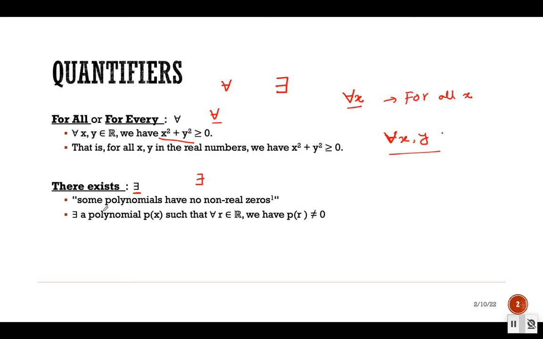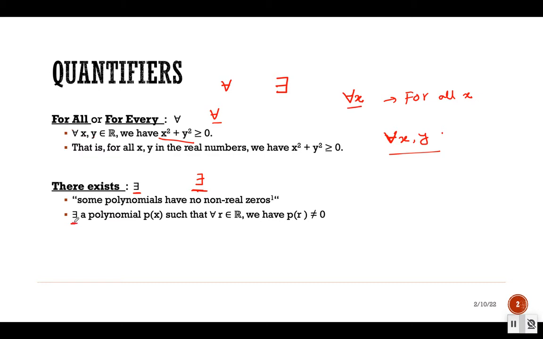So we are saying that there exists a polynomial. If there exists at least something, we can use this quantifier.